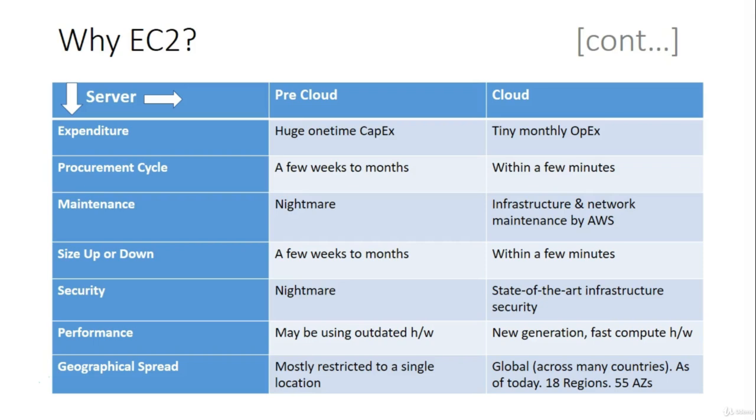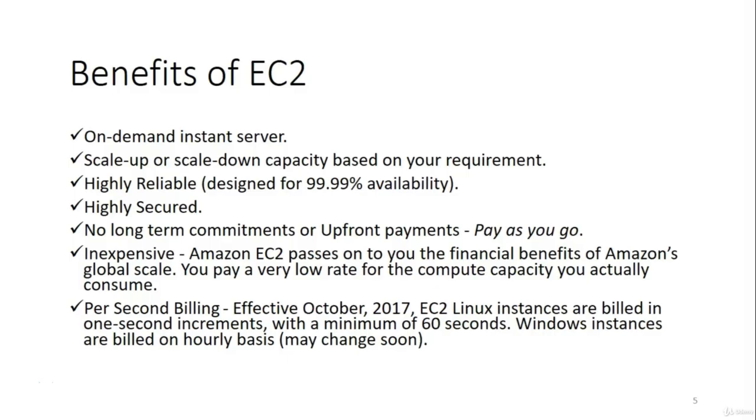Pre-cloud may be using outdated hardware. In cloud, it's most of the time new generation fast compute hardware. Geographical spread, and this is important for latency. Pre-cloud was restricted to a single or maybe one or two locations. In cloud, it's global, across many countries. As of today, AWS has 18 regions with 55 availability zones.